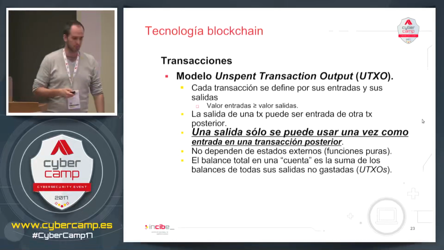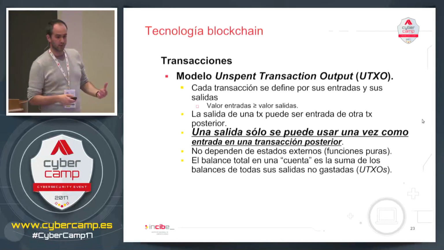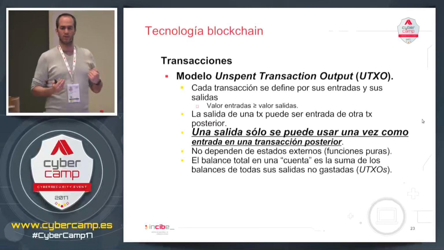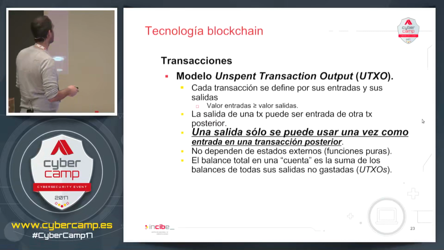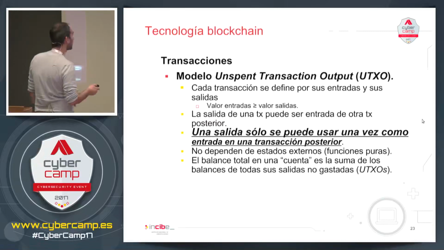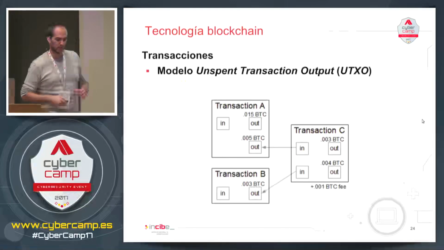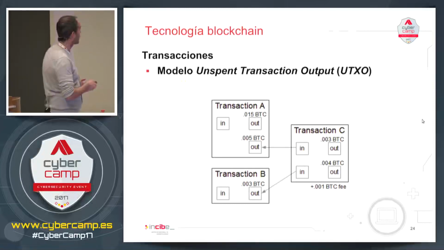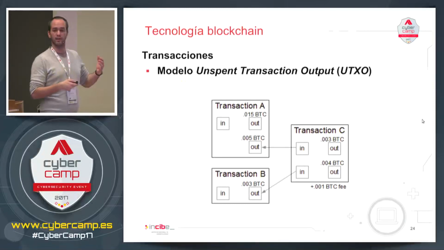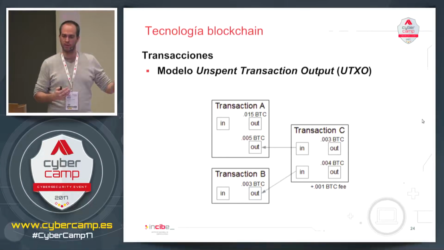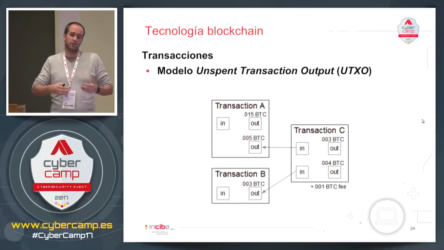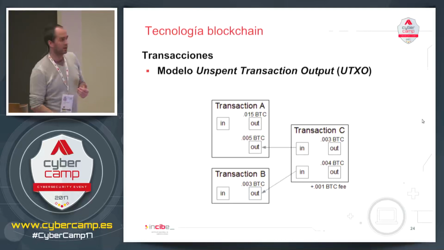So we have two models. The UTXO, unspent transaction output, is used by Bitcoin. We're not used to that in banking systems. Let's see this diagram. A transaction is composed of ins and outs. Addresses are the ins, the ones who want to make payments, and the outs are the Bitcoin addresses to which you are paying.